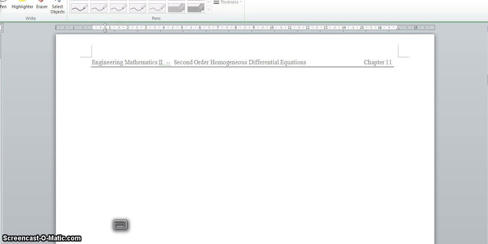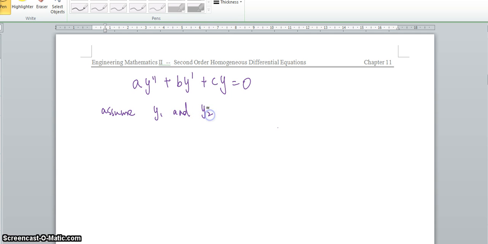Remember, we have this differential equation, a y double prime plus b y prime plus c times y is equal to 0. So this is our initial equation, and we assume y1 and y2 are both solutions to it.